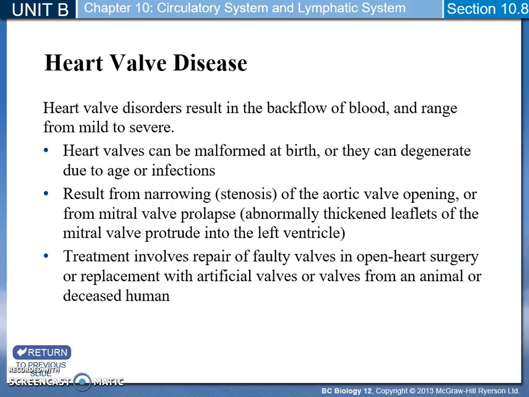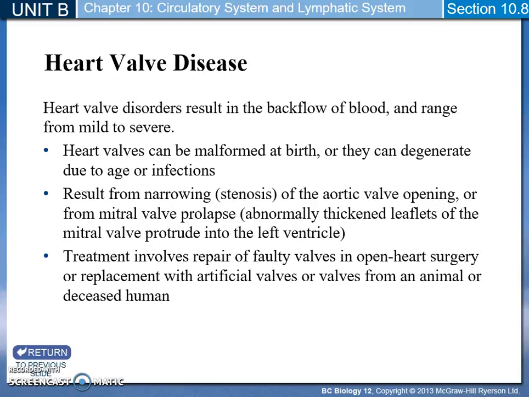The earlier artificial valves did have some problems with them because they weren't designed well to create ideal blood flow, and so sometimes clots would form around them, and then these would dislodge and become a thromboembolus, and that could cause a stroke or other serious complications.